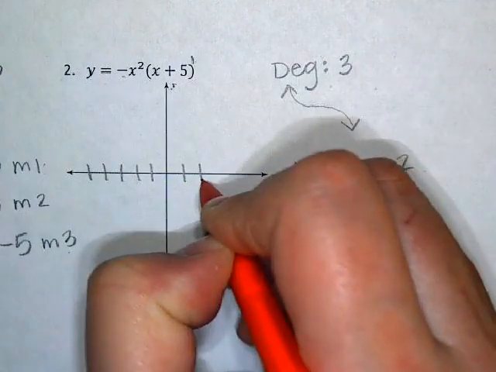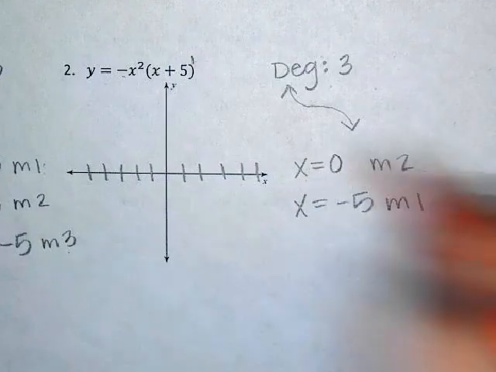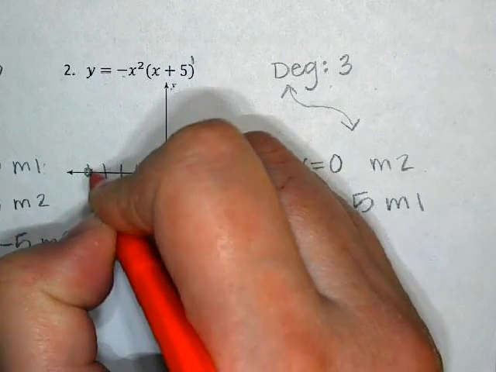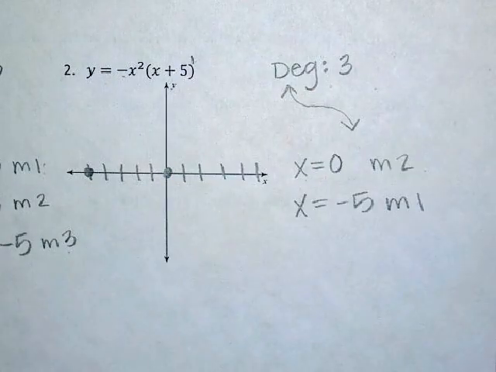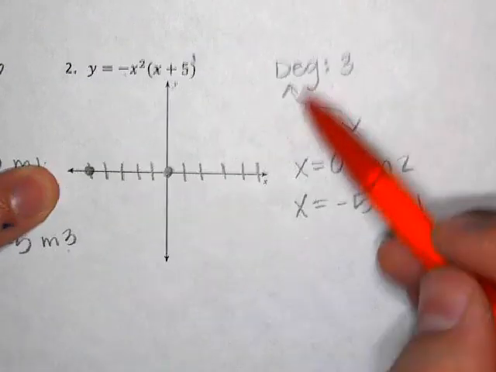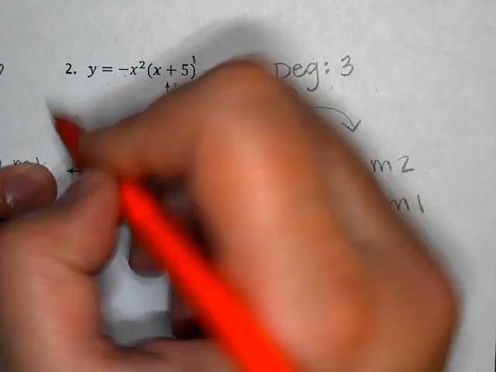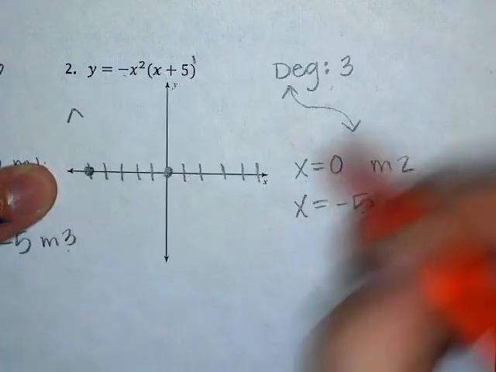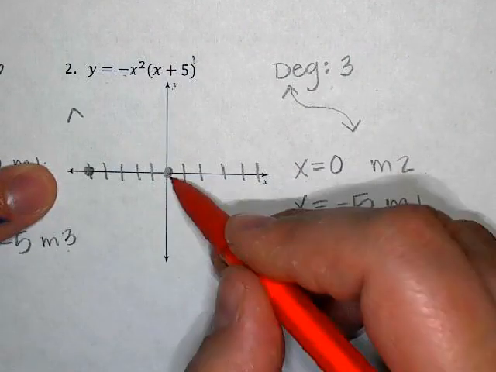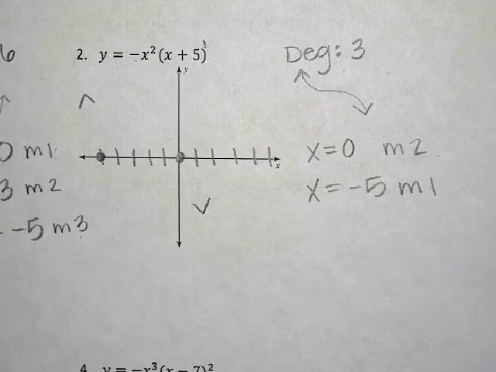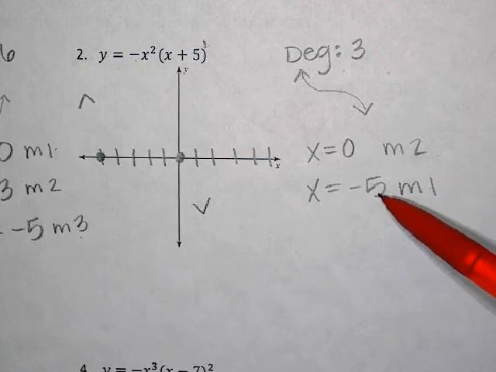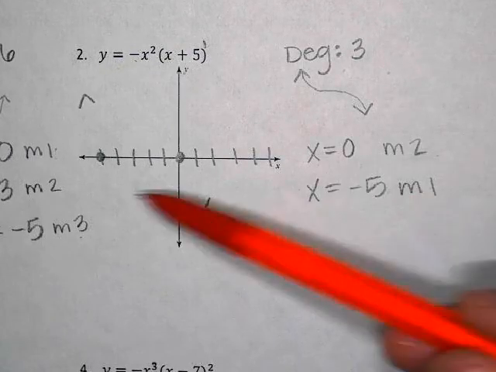There's -5. There's 0. I know my first arrow is going to go up. I know my second arrow is going to go down. Okay, so the first x-intercept I see is at -5, and it's a multiplicity of 1.